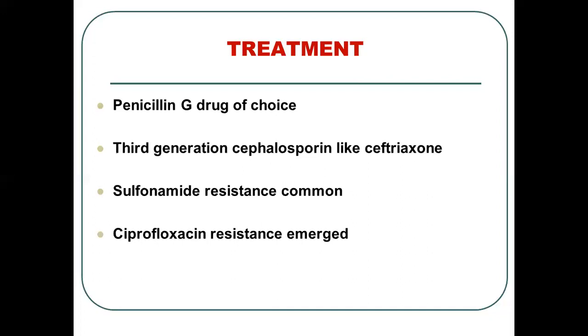Now, if you look at the prevention of this disease, which is really important, chemoprophylaxis and immunization are both used to prevent meningococcal infections. We can also use drugs like rifampicin or ciprofloxacin as prophylactic drugs. We have vaccines against groups C, Y, and W135, which contain the polysaccharide capsules.